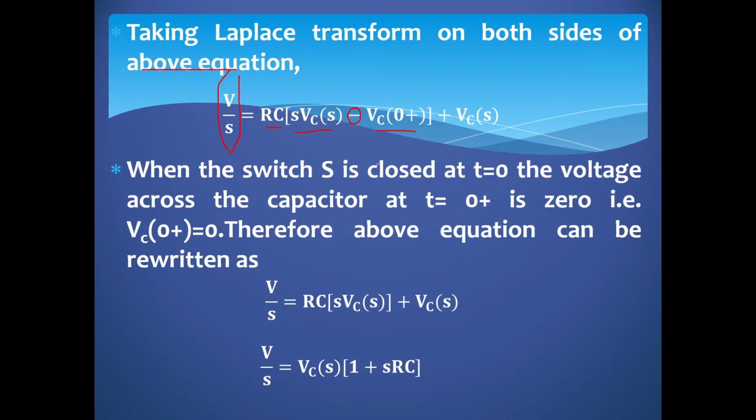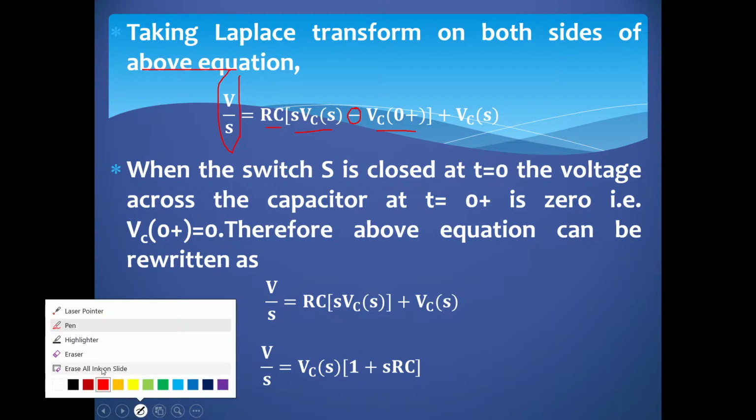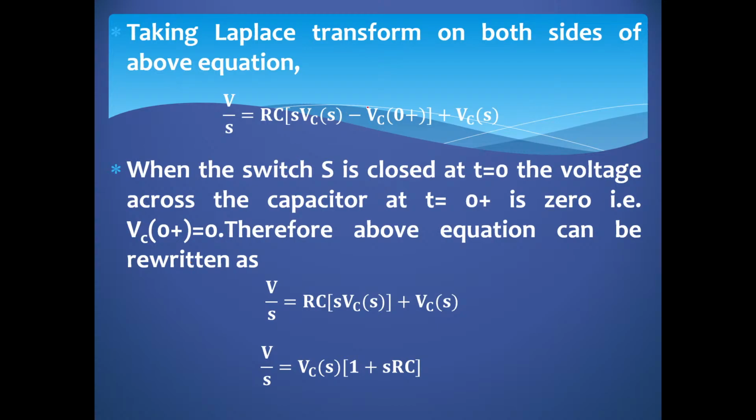Even though it acts as a short circuit, whatever charge is already there will discharge in the opposite direction to the current flow in the circuit. That's why minus Vc of 0 plus.